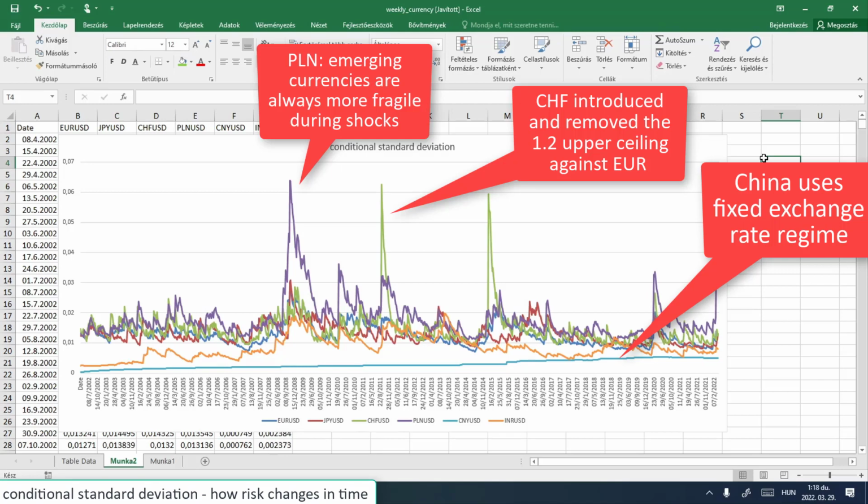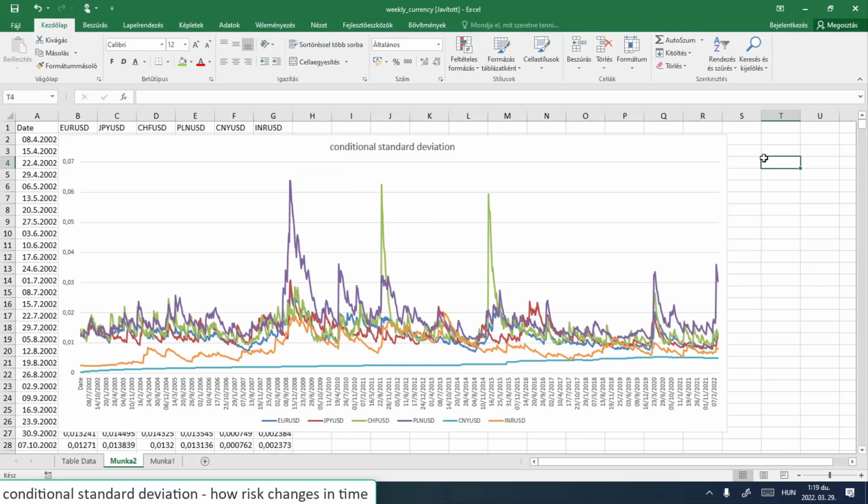So now they are everywhere. You can build a diversified portfolio with them, or you can calculate dynamic betas in the CAPM model. So this application is only one way we can do this.